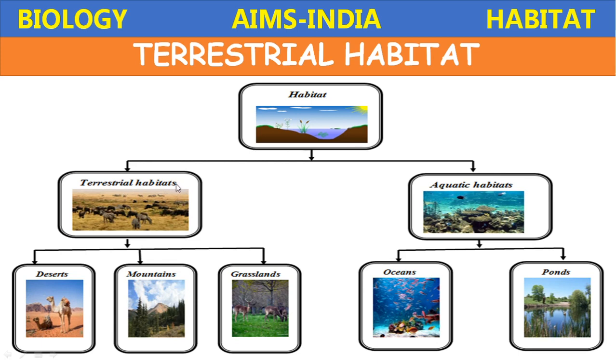Terrestrial habitats means the animals which live exclusively on land, and aquatic habitat means the living organisms surviving in water. Terrestrial habitat is divided into three major types: deserts, mountains and grasslands. The different animals can survive in different habitats. Aquatic habitats majorly divide into freshwater and marine water, or we can say oceanic habitat and ponds.